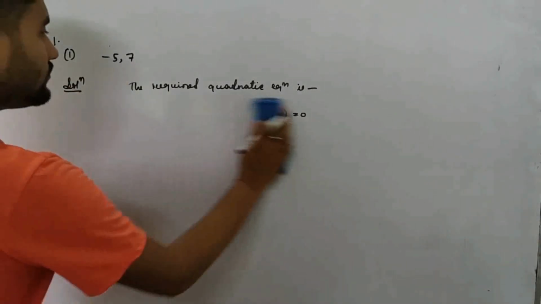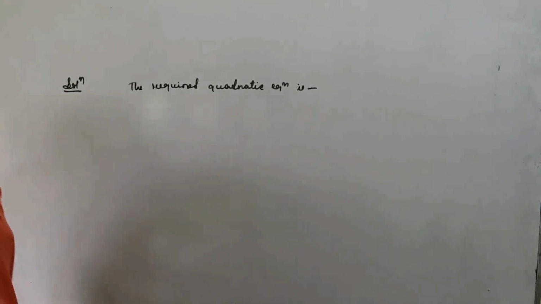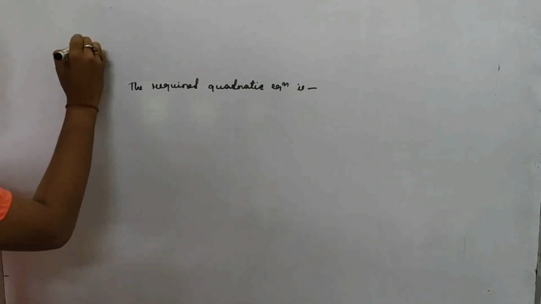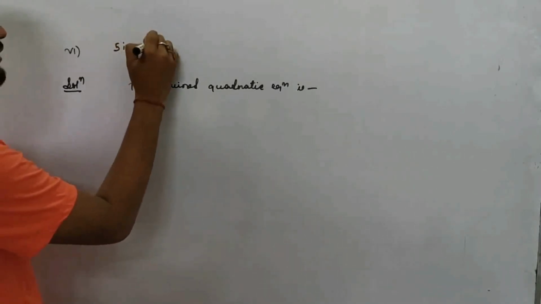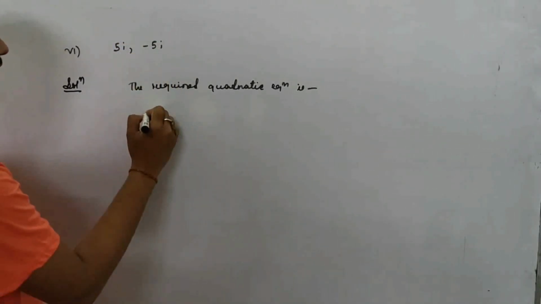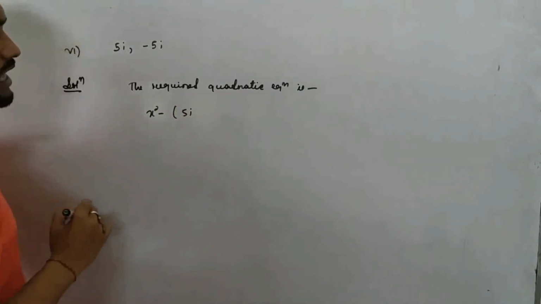Okay, let us see another one. Say question number 6, for imaginary roots I am doing. This is 5i and minus 5i. So this one also we can do directly. x square minus, okay, sum of the roots.